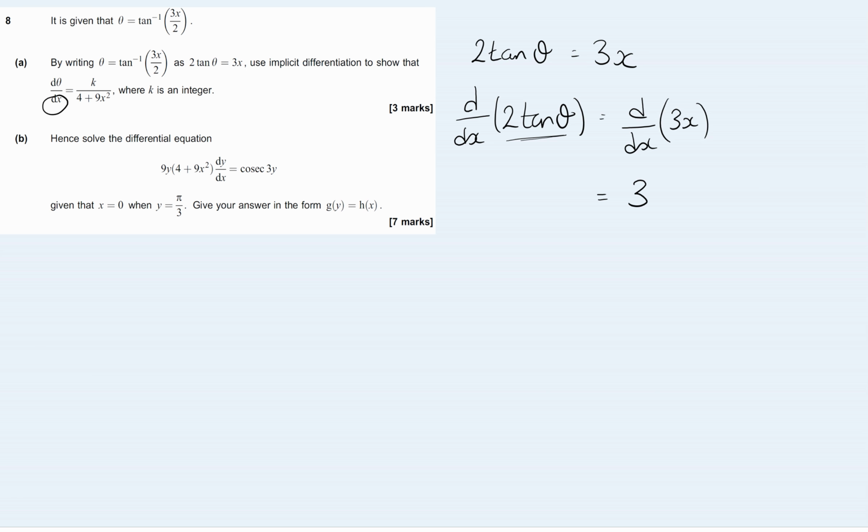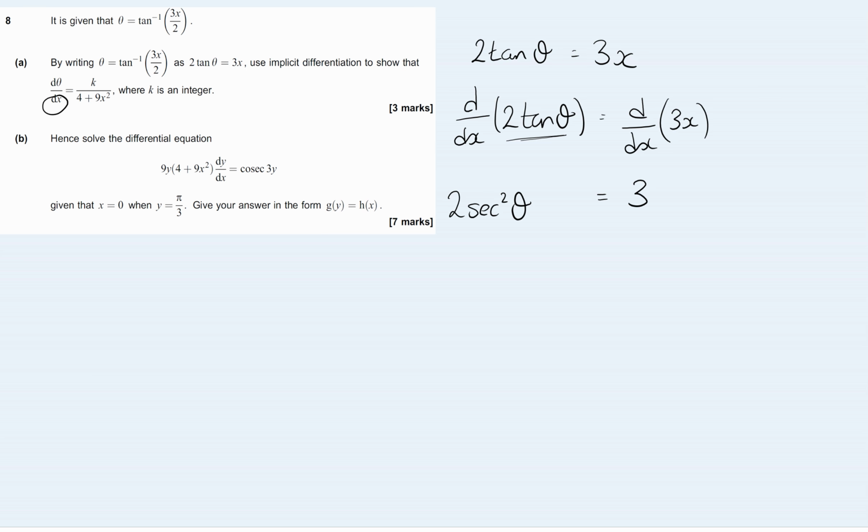This side, however, I'm differentiating with respect to x, but I'm differentiating something with theta. So whatever I differentiate, I'm going to then have to write d theta by dx after that, which is what implicit differentiation is. So tan x, we know from our formula book, goes to sec squared x. So this differentiates to 2 sec squared theta, so sorry, not x, theta.